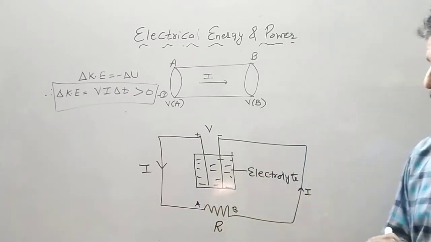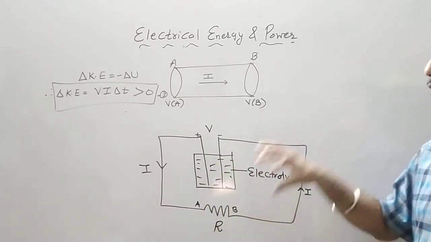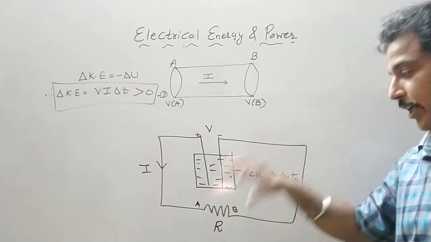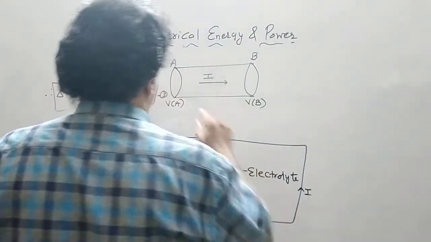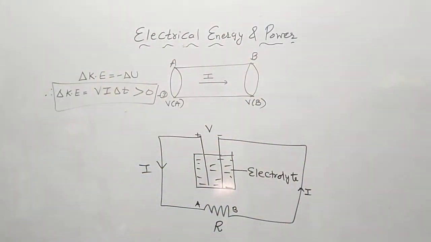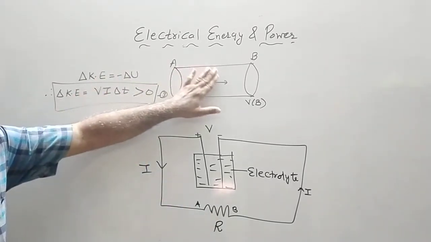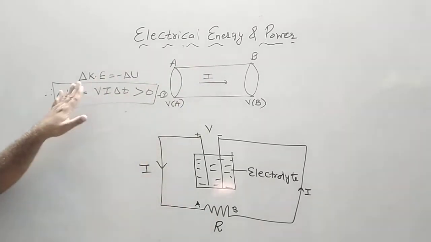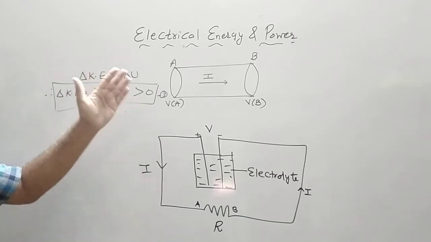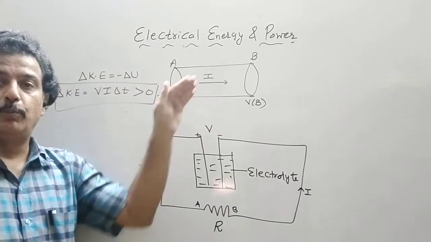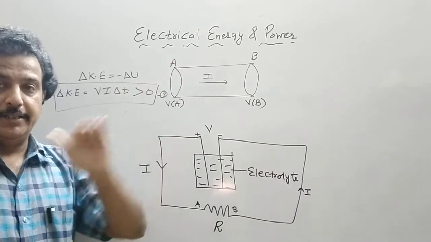So today we are concentrating on a power loss or an energy loss. Now the current is flowing from one end to the other. This is the increase in the kinetic energy of the charge, and this increase in the kinetic energy is converted into the potential energy of the ions.